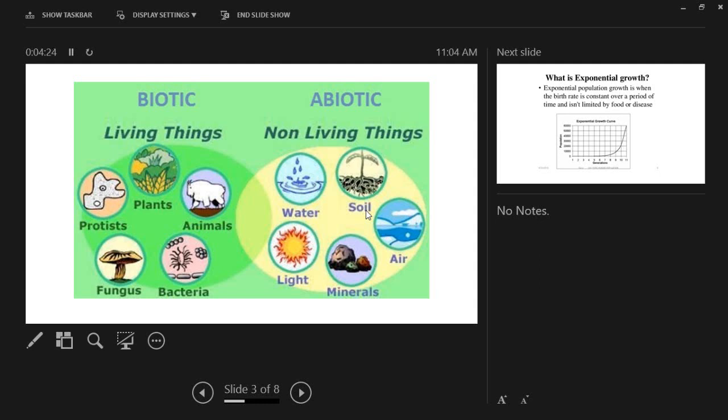The abiotic factors are the things that can never be alive. Does that make sense? They're made of all the elements, which, yes, we are too, but our elements are put together to make cells which are living. So that's the one little part that can be tricky about biotic and abiotic.